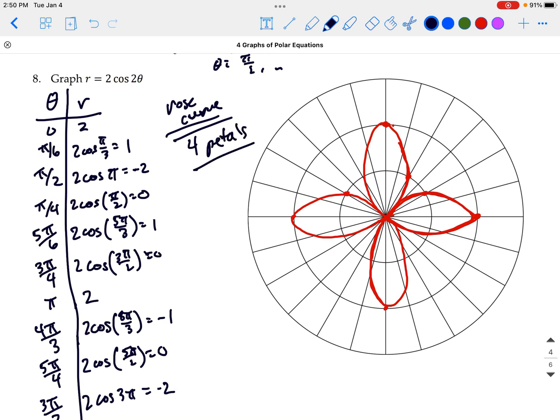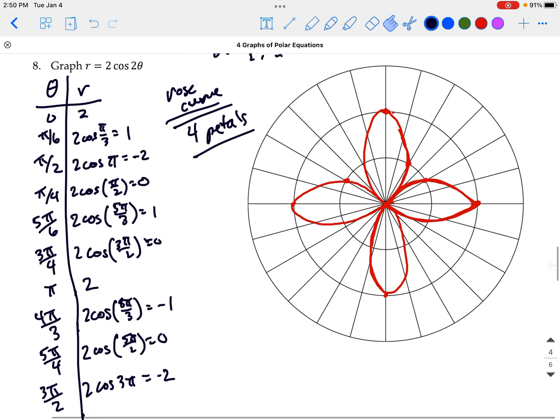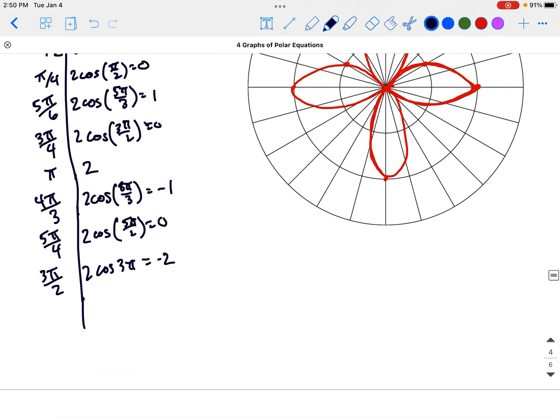So this is going to be a common theme with rose curves, which is if we have r is equal to a sine b theta, let's say, if beta is odd, and we have odd petals, whatever that number is.